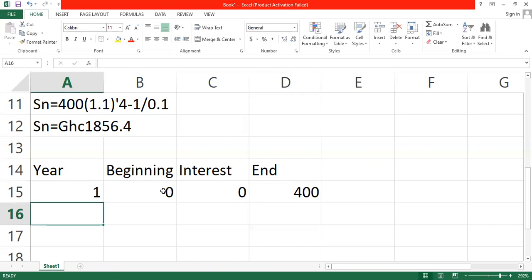What did you get? I had 1.4641. Then you subtract 1 from it, multiply by 400, and divide by 0.1.